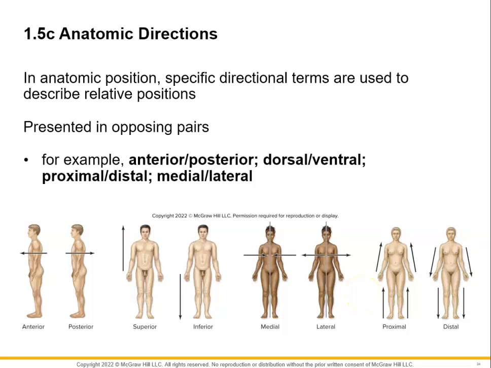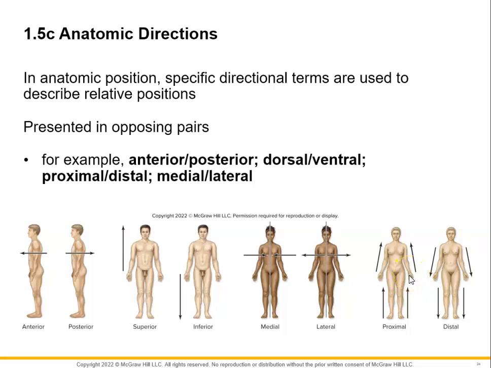Proximal, think close to. Distal, think far away. So let's look here at the arm. The hand is distal to the shoulder. The antecubital region is proximal to the carpal region.